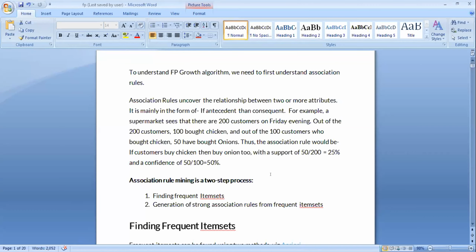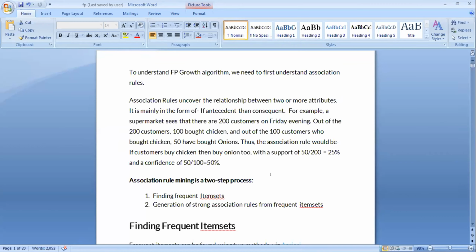Out of 200 customers, 100 people bought one item and 100 people bought another item. So 50 people bought the other item. The association rule of the customers can be represented by these particular items.